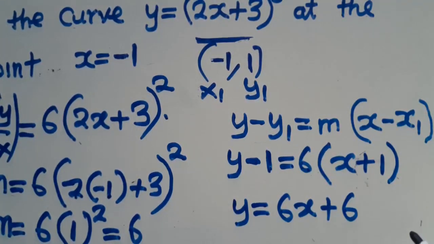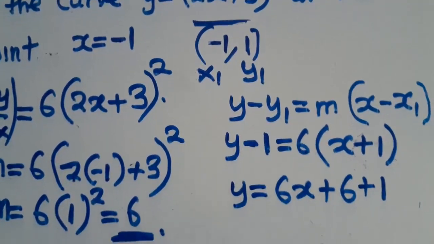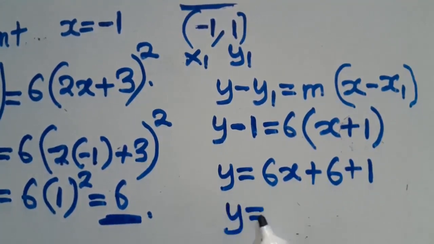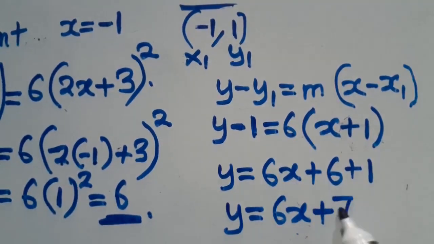Then after doing that, this one comes this side, it is plus 7. So the answer that we are going to get is y is equal to 6x plus 7. This is your answer.